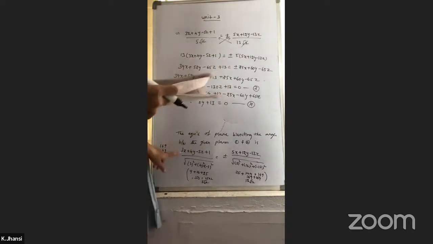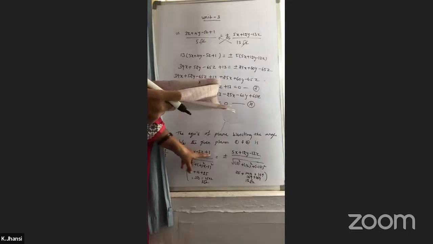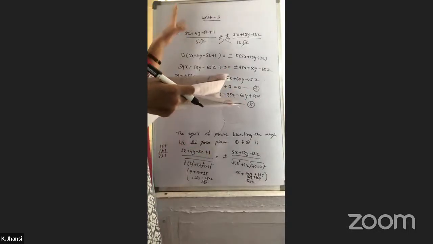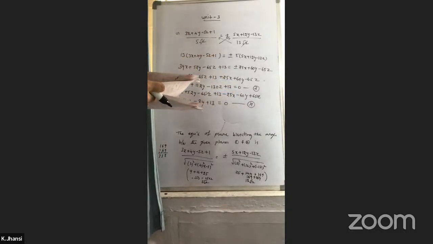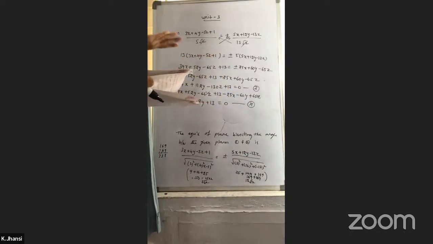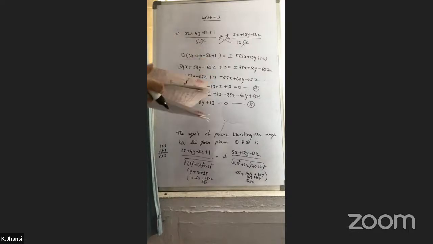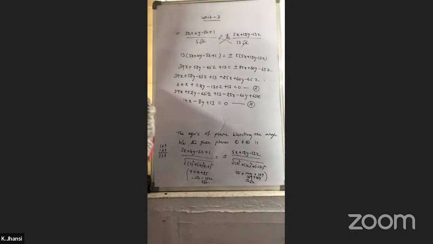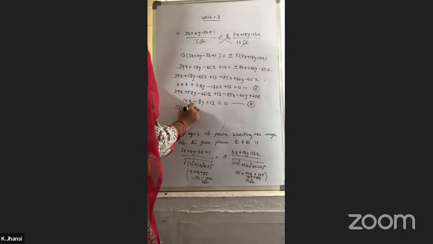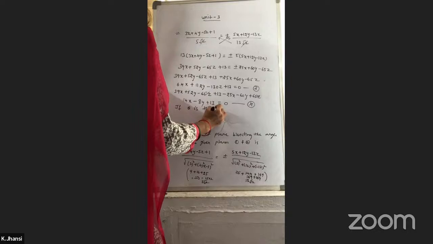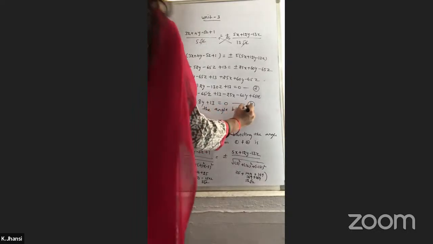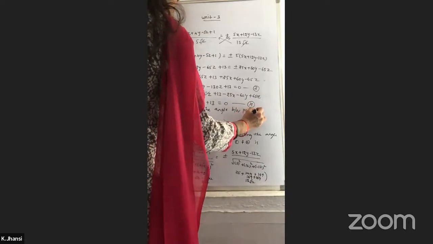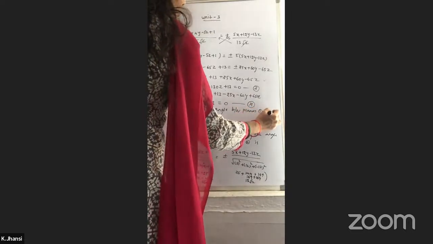First equation is 3x plus 4y minus 5z plus 1. Any two, the first two equations and whatever equations we got, 1 and 3 or 1 and 4 or 2 and 3 or 2 and 4, with the help of that we can find the angle between them. So if theta is the angle between planes 1 and 4.